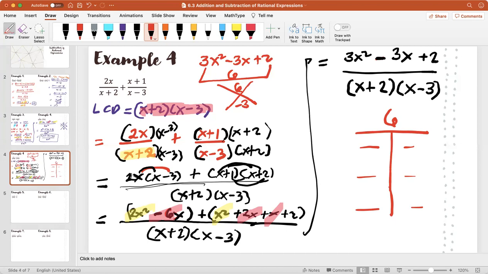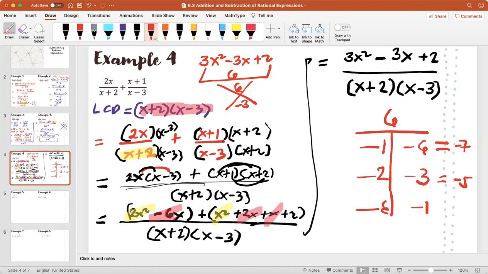What can give us a product of 6? Negative 1 times negative 6, and negative 2 times negative 3. Let's check the sums. Here the sum is negative 7, here the sum is negative 5. Even if you switch the order, it's still the same.